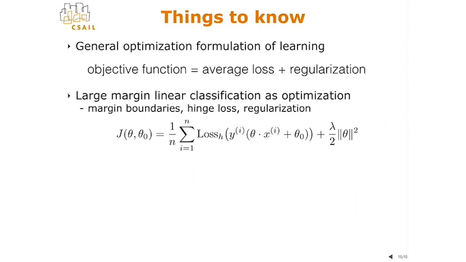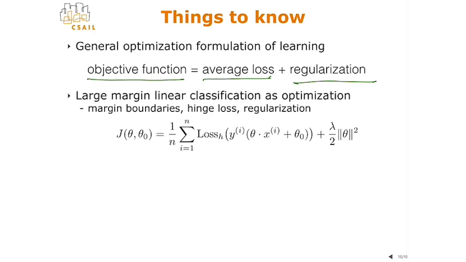So things to know from this lecture is the general point that the learning problems are cast as optimization problems in terms of objective functions that guide the setting of the parameters that we are estimating. The objective functions are decomposed into 2 parts: average loss over the training examples and the regularization that guides the type of solution that we are after. In our case, how large of a margin we can achieve for the training points.